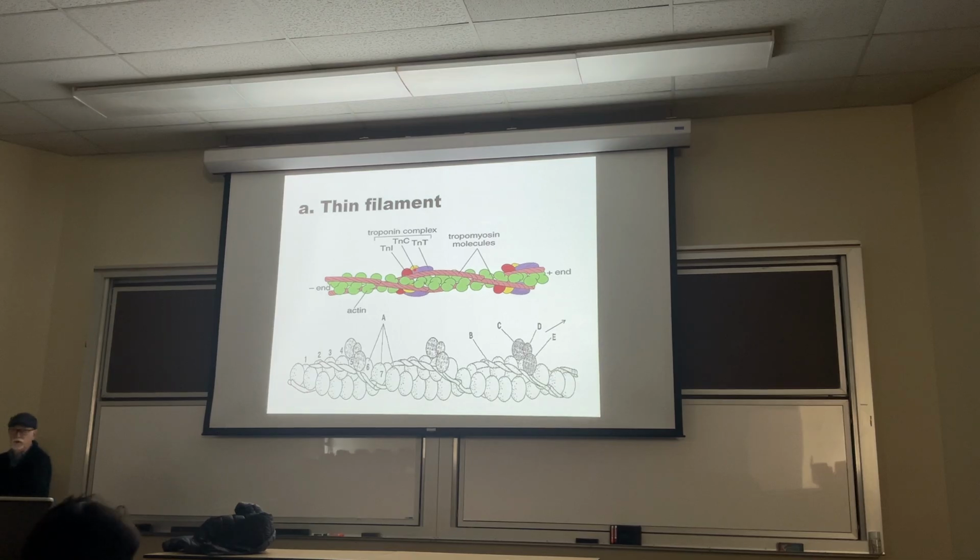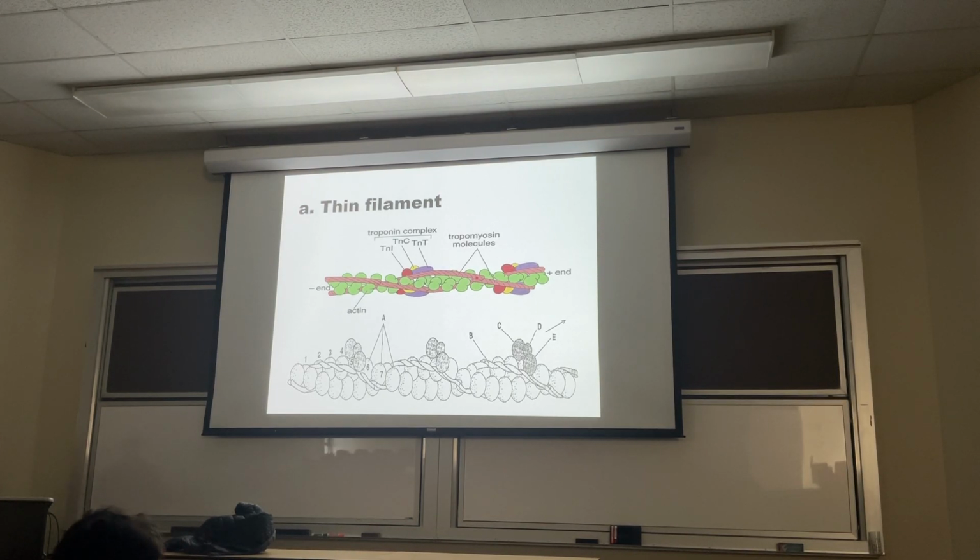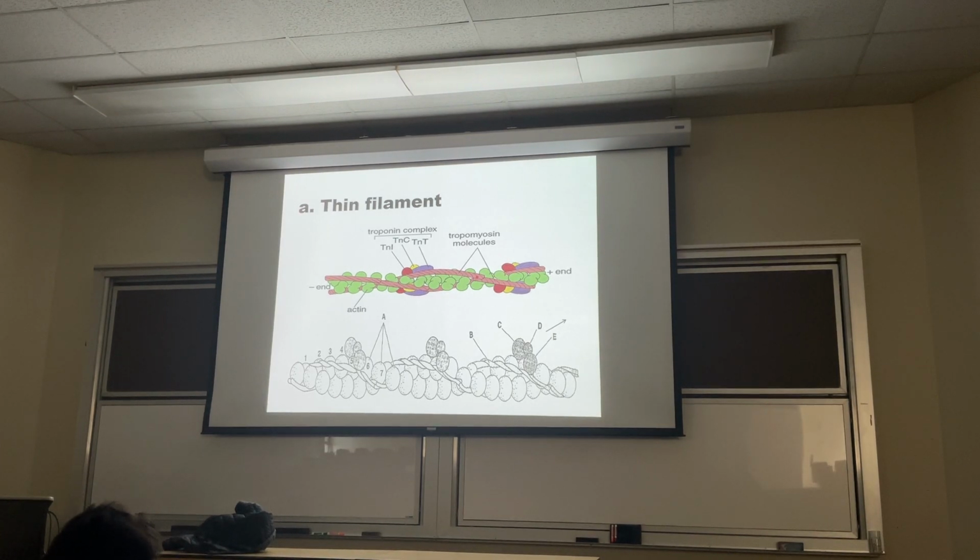What happens is when you want contraction, you want the myosin to bind to the actin and pull the actin to generate force, but the myosin cannot bind to the actin if the tropomyosin and troponin are blocking that interaction.